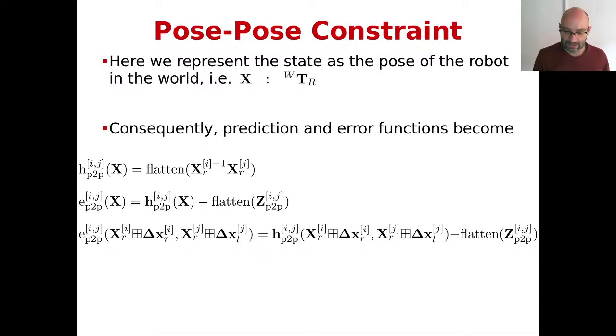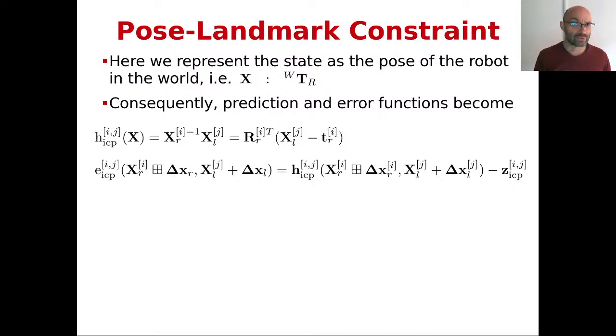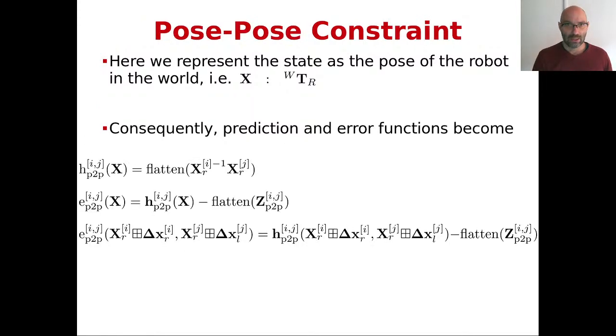It's very important that you observe that both the pose projective problem, where you have landmarks observed by the robot camera, and the pose landmark problem share the same structure of the state space, because in both cases I have robot positions and landmark positions, while the pose problem only has a subset of the previous state, that is the pose part. So here in the pose problem I only have robot positions.